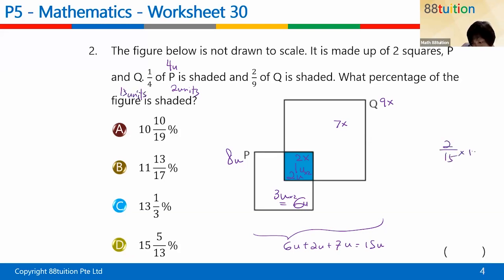So I convert it into percentage, which will give me 2 over 15, which is 13 and 1/3 percent. Okay, all right, which is at C.